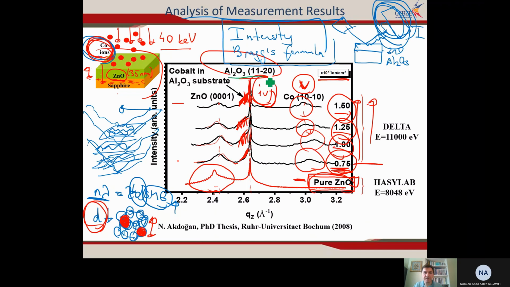Look at the sapphire. Sapphire is 1, 1, minus 2, 0, so different from the zinc oxide. So A plane sapphire. Let's consider here we have aluminum atoms, 6 aluminum atoms, and aluminum atoms here and aluminum atoms here.